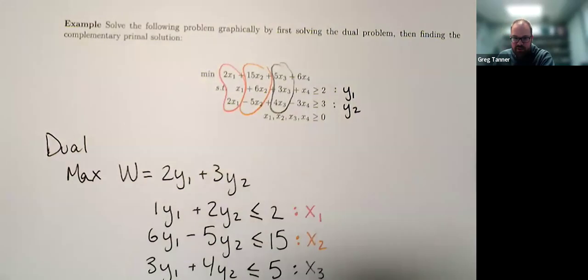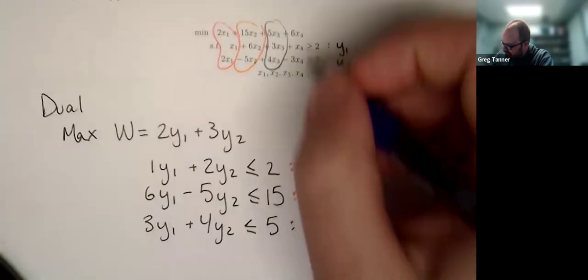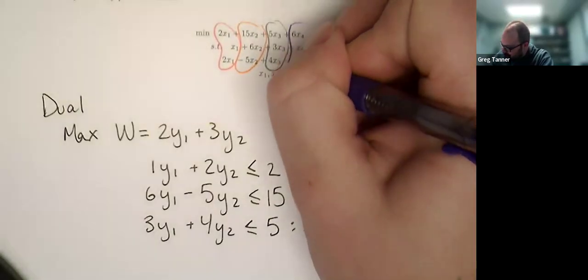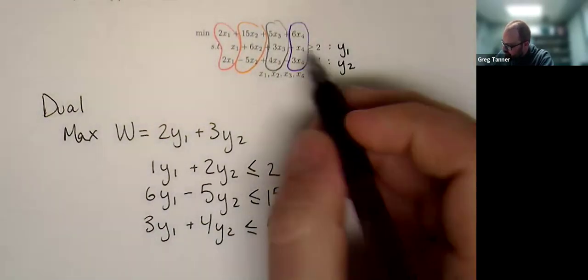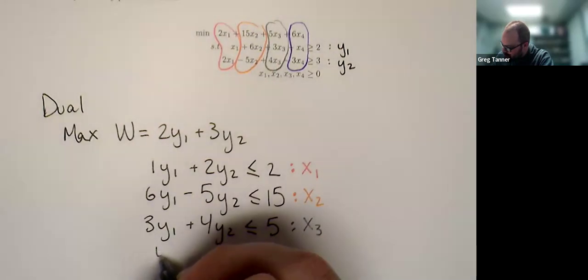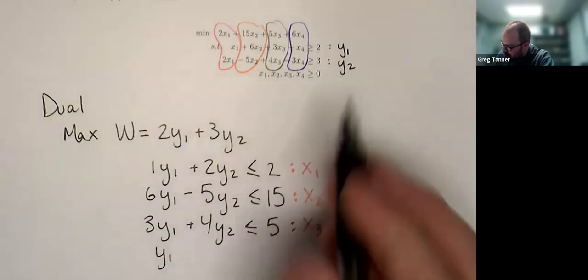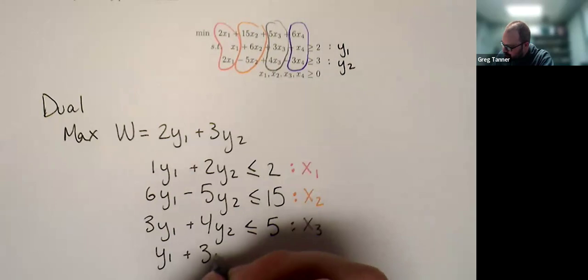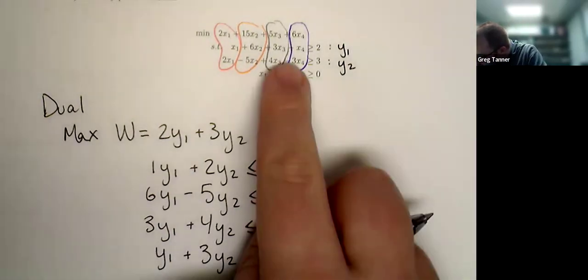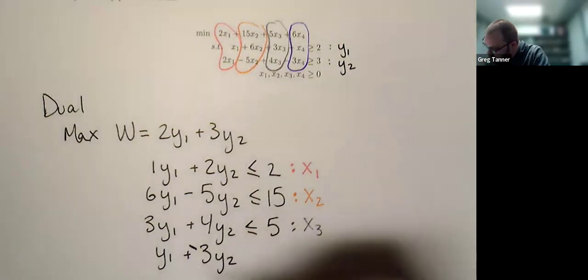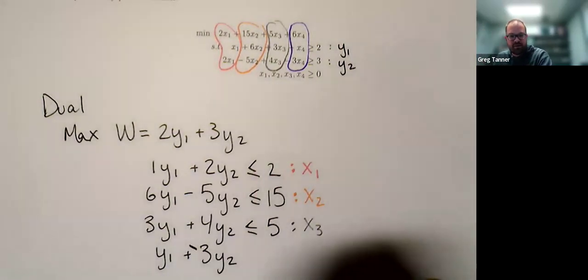Now I've got just enough colors to do this. We'll circle all the X4s. And we'll have 1 in the Y1 and 3 in the Y2. Oh, that's actually a -3. Almost missed that because of my circling there.